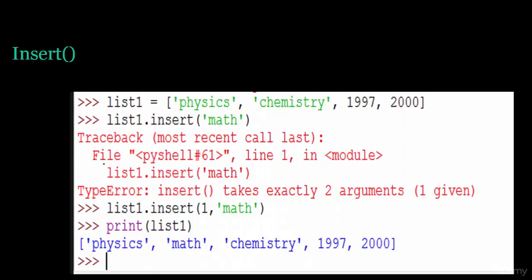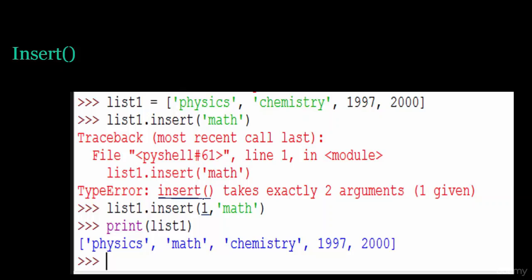Insert a value in any place you want on a list, but remember that insert takes 2 arguments. Here is our list, then I said list1.insert mass, and I get an error. Let's see this error, type error.